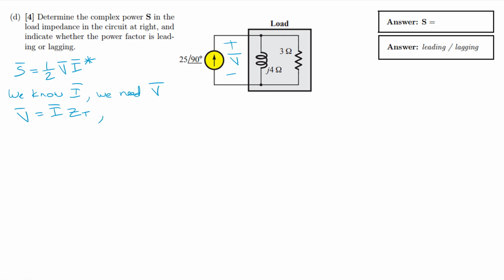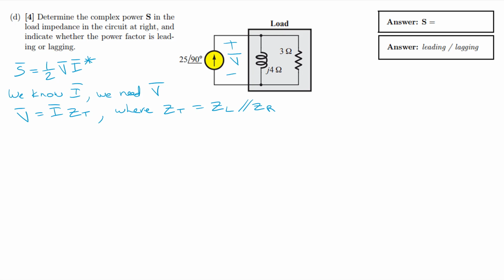In this case, ZT is the parallel combination of the impedance of the inductor in parallel with the impedance of the resistor. So how about on the side we calculate that out.